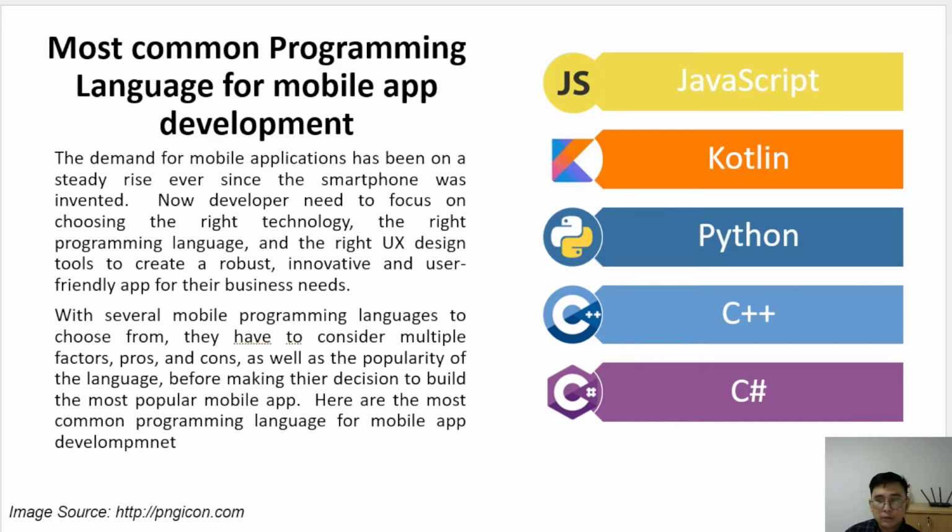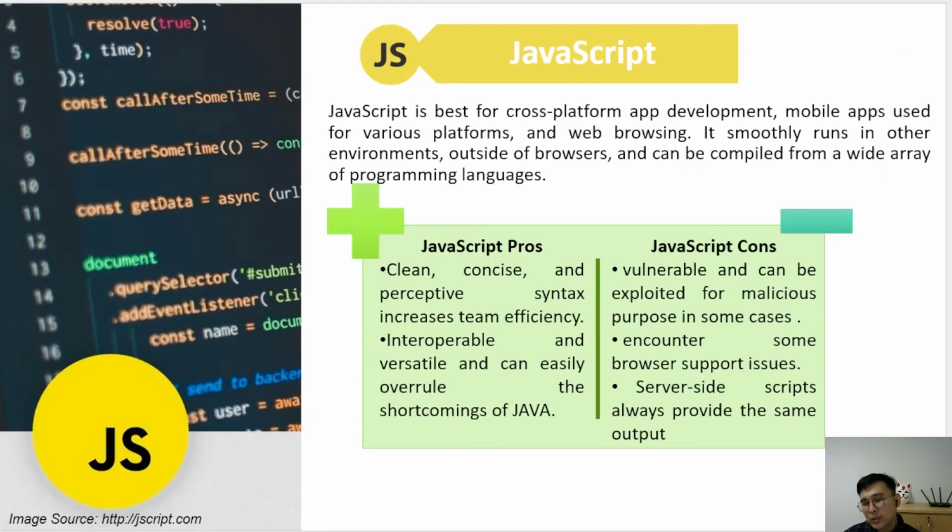We have Kotlin, and we have Python, which I gave you an example of in previous meetings as well. We have C++ and C#, which is also one of the most interesting programming languages we can use today. Now let's learn a bit about these programming languages.